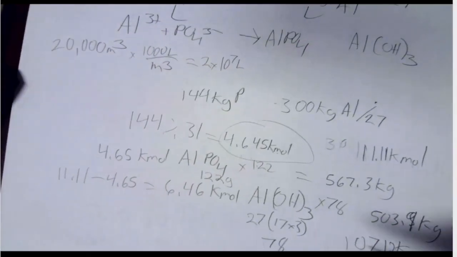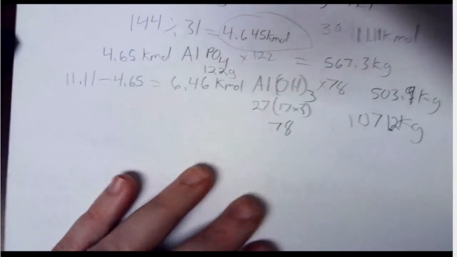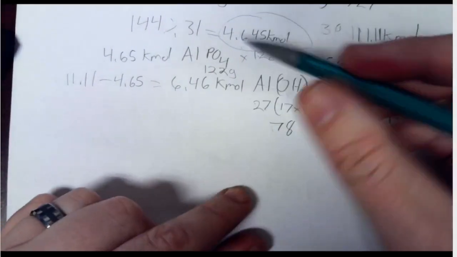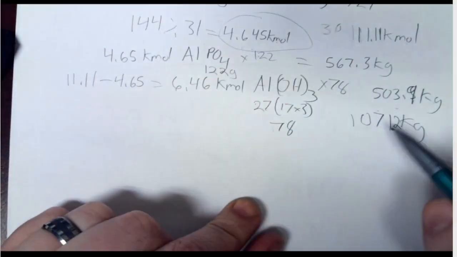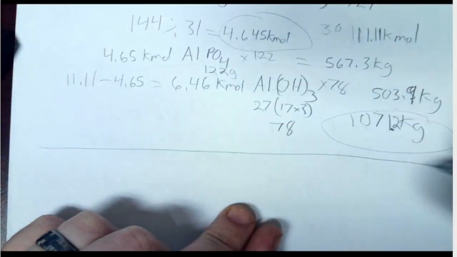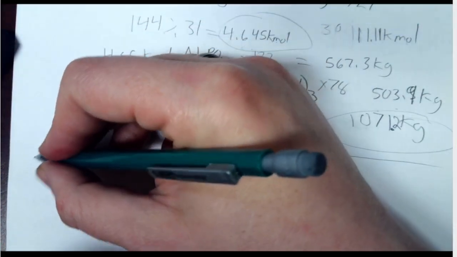I'm just adding them together, and that's the total waste. There are many different orders you could do this in, but the idea here is we're figuring out the waste we produced, and that is how much we produced.